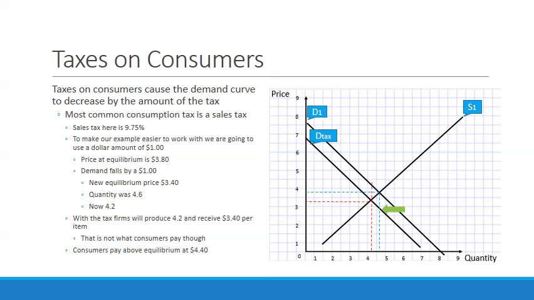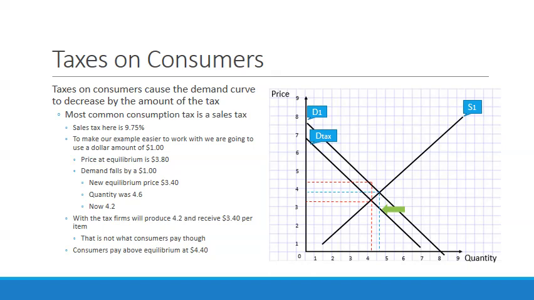You'll notice consumers pay above equilibrium at $4.40, because you see how the red line goes all the way up to where it crosses and then it hits where it says D1. That is what our consumers are actually going to pay. So here's our wedge that we talked about. There's a wedge being created between what a producer is receiving, which is the bottom number, $3.40, and what the consumer is paying, which is the top number, $4.40.